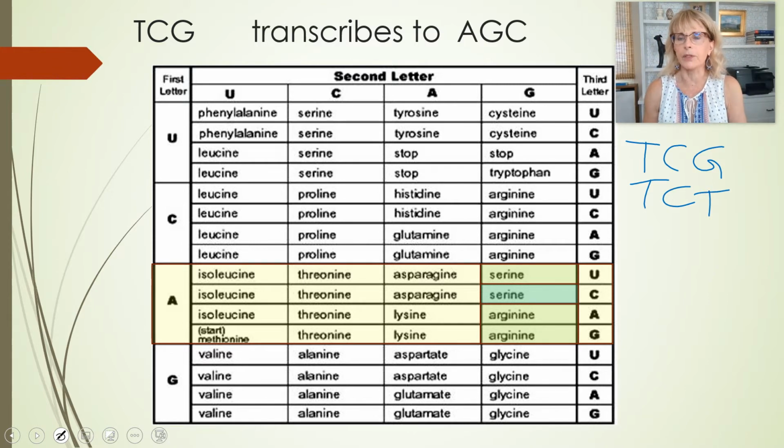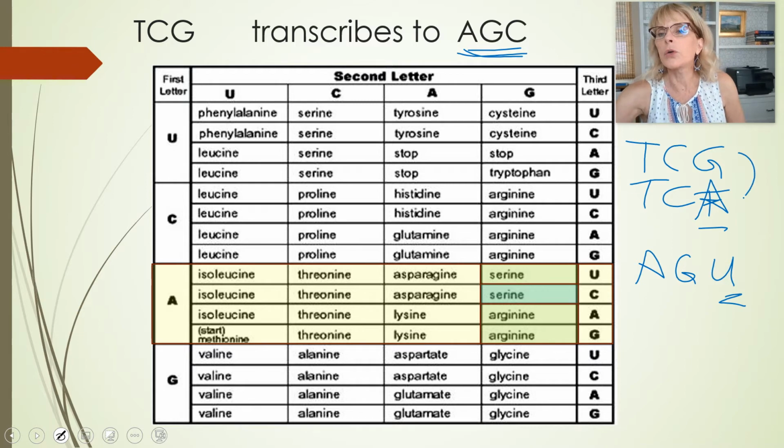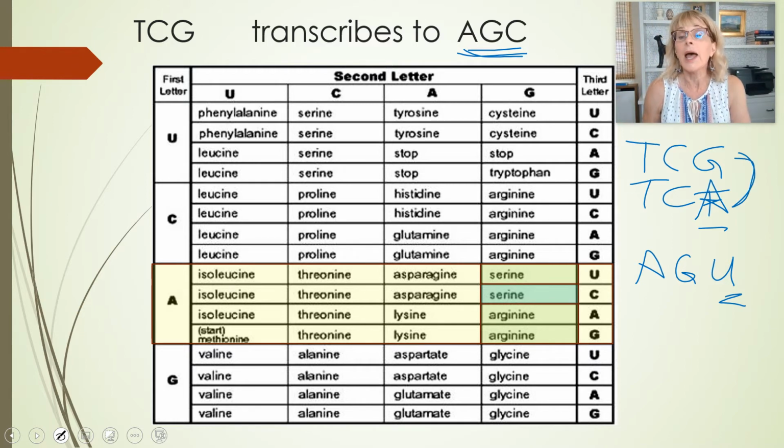Let's just imagine that happened. So it was supposed to transcribe to AGC, but because there's been a mistake, oh, I did it wrong. Let me try again. Instead of TCG, it's TCA. So now when I transcribe it, instead of AGC, it's AGU. Now, technically, when you have a mistake in your DNA, that's a mistake, and a mistake is a mutation. So there is a mutation there.